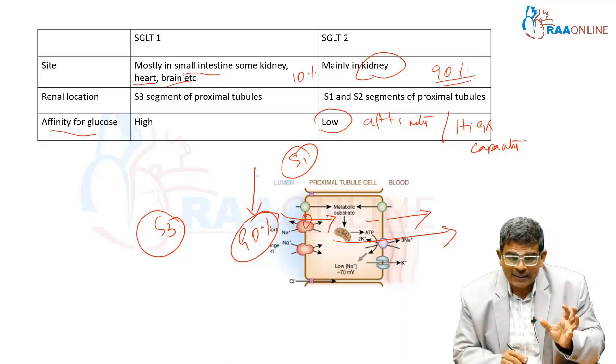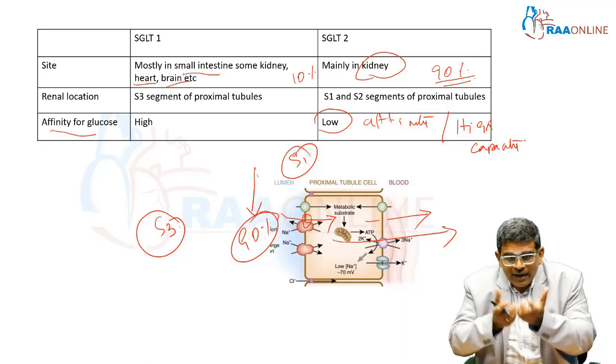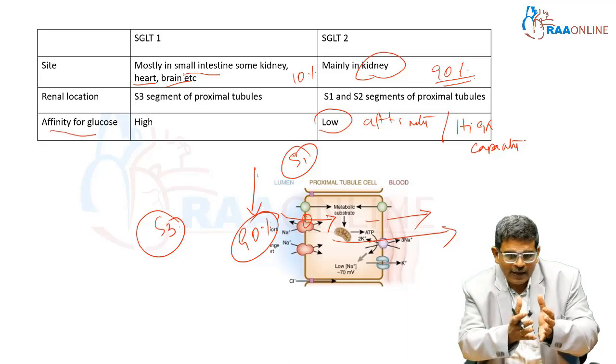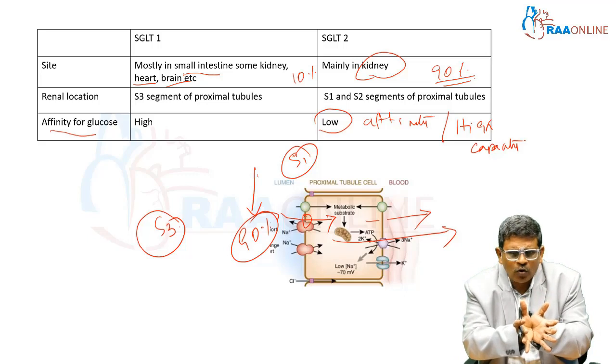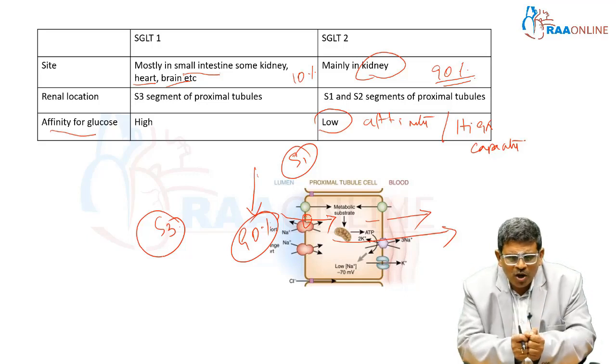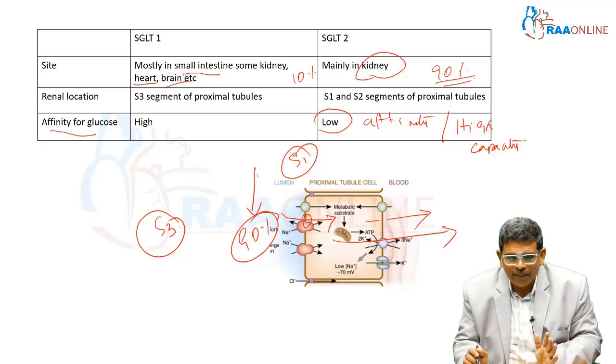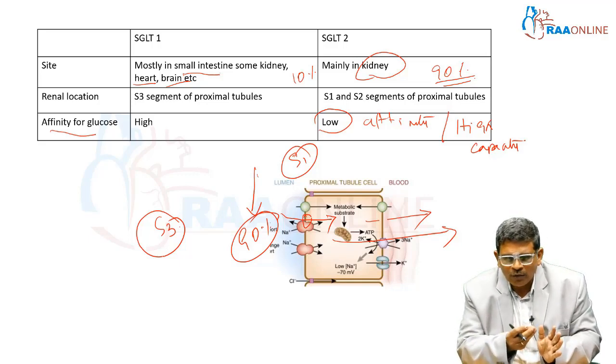In this S3 segment of the proximal convoluted tubule, where SGLT1 receptors are present, they have a high affinity. So they can absorb and retain, because only 10% of the glucose reaches. Whatever glucose reaches there can be absorbed and retained. It doesn't need to be sent immediately into the blood, since the amount of glucose that reaches it is very minimal.